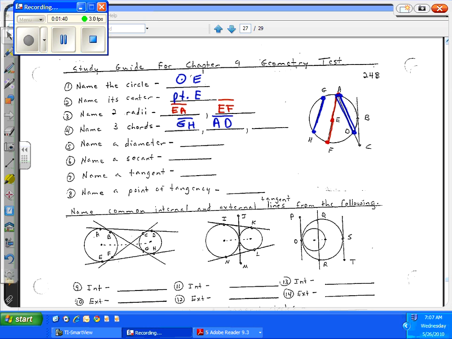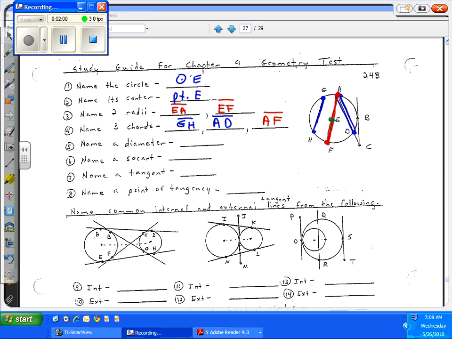But then that red one, AE, all the way from A to E, is also a chord because it joins 2 points on a circle. Excuse me, AF.